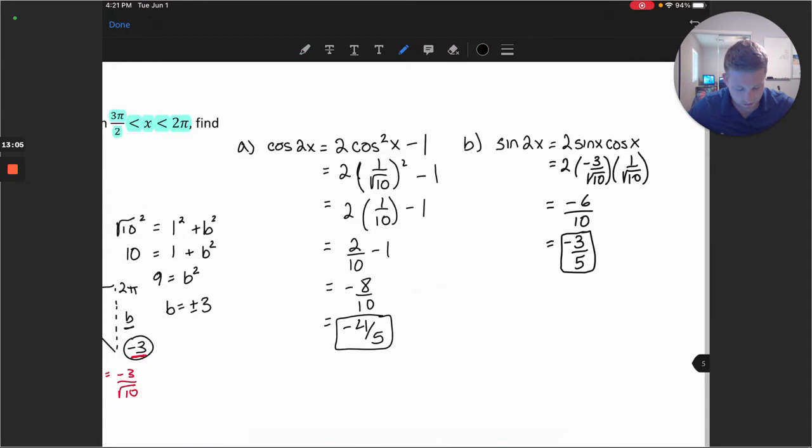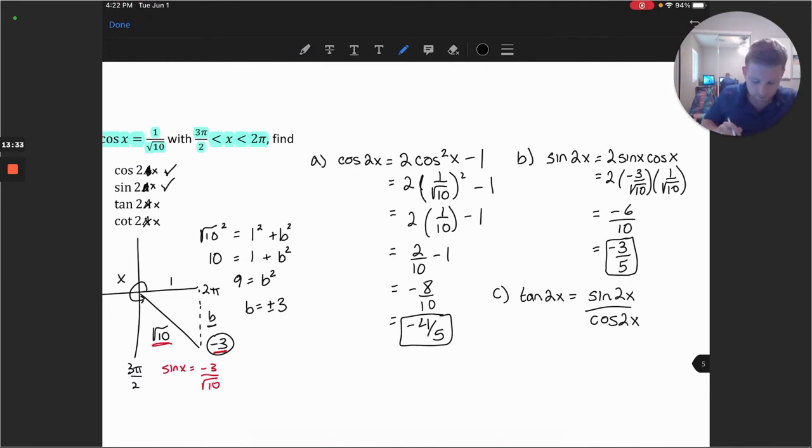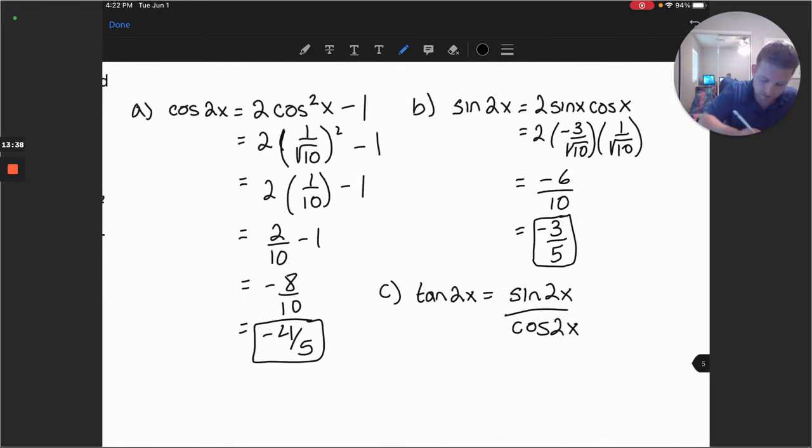The third item that I'm tasked to solve for is the tangent of 2x. One thing to remember, we don't need a special formula to solve for tangent of 2x. We can simply just take the ratios of the two that we just solved. So for part C, tangent of 2x is equivalent to sine of 2x divided by cosine of 2x. And so we have the cosine and the sine.